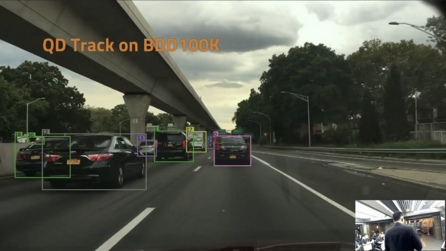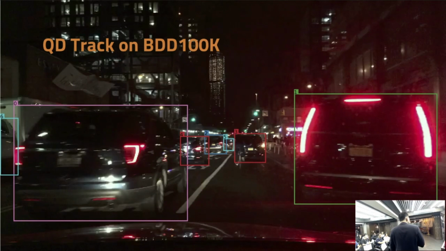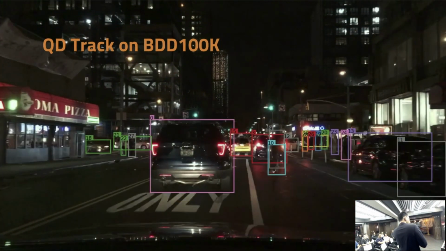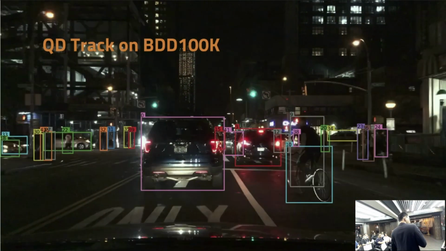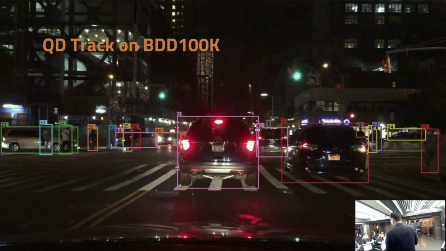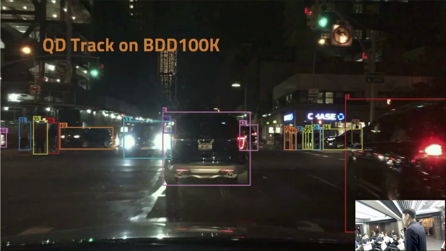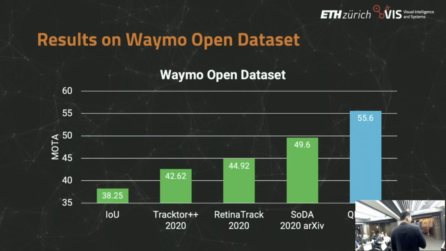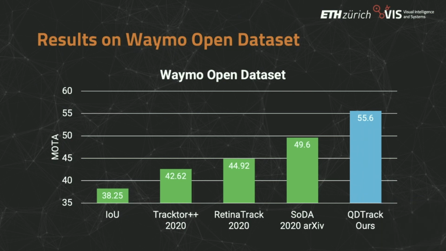And especially thanks to the large amount of data, we find that even in night scenes, because we have a lot of night data, the model can still work quite well. Especially you can see here, this is the rider. This is very challenging even for human eyes, but our model can spot that and track that very reliably. So we basically find that the method can happily digest all the large-scale data.